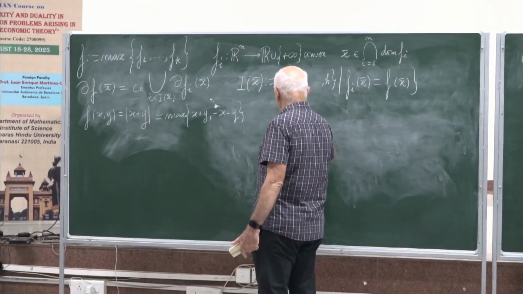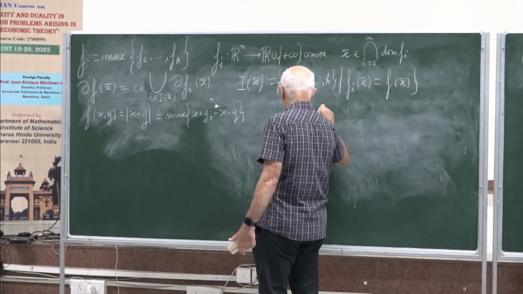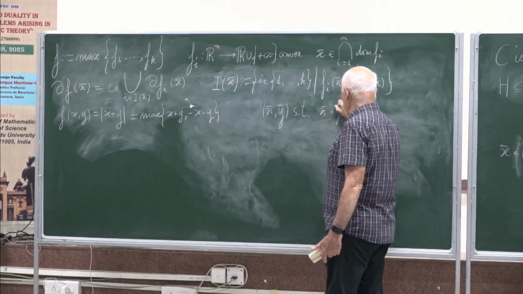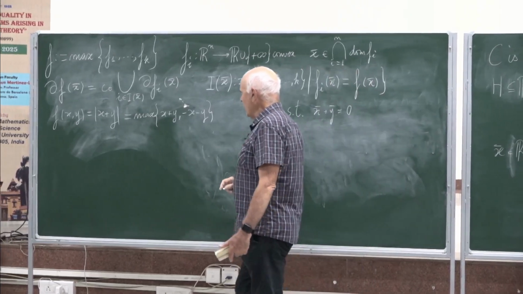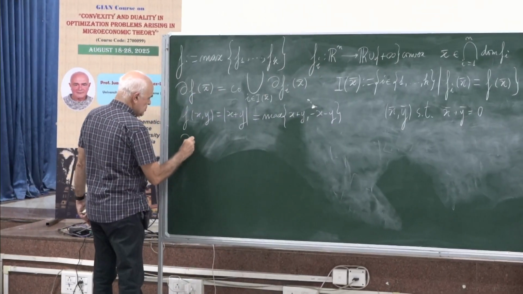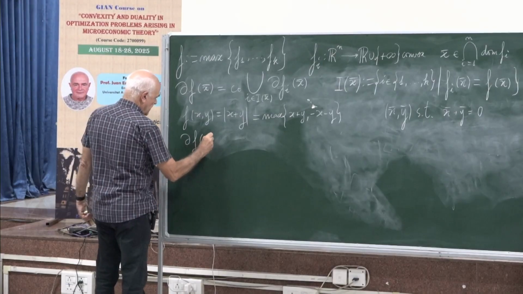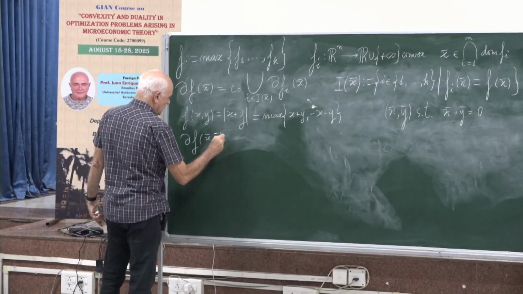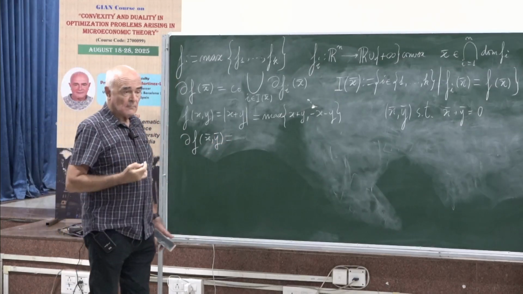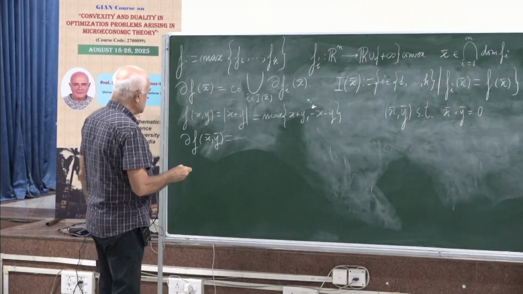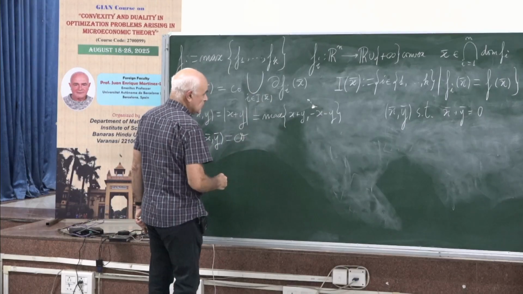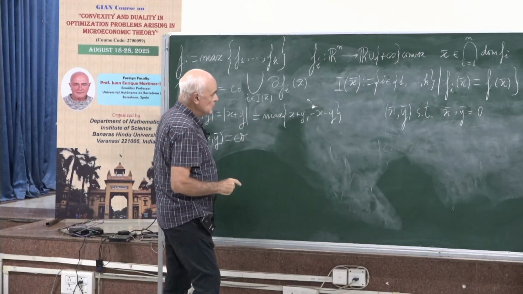So consider (x bar, y bar) such that x bar plus y bar is 0. So what's the subdifferential of f at such a point? According to this formula, it is the convex hull of this union. But what is this union now?